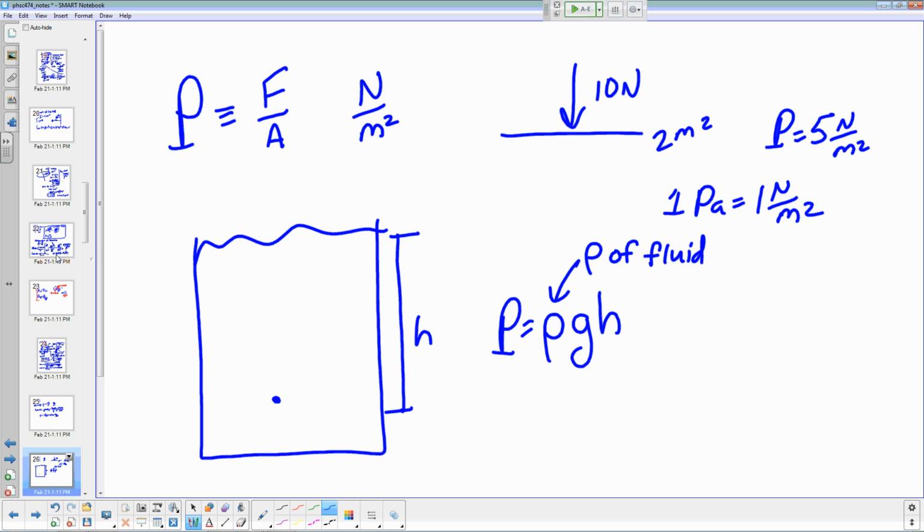So fluid involves both liquids and gases, and this applies to both. G, of course, is the acceleration due to gravity, and h is just the depth of the fluid. This comes about from imagining a column of liquid that sits above that point, and this pressure just arises from the weight of that fluid.